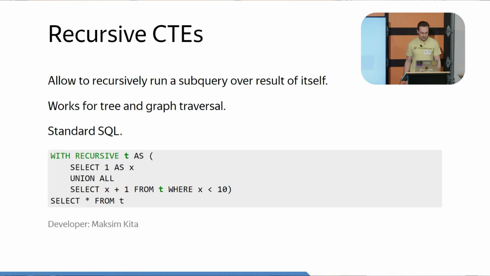One small thing that it also enables is recursive common table expressions. If you use Postgres, you're probably familiar with recursive table expressions, but it is quite an advanced feature. So you have a subquery that references itself recursively. And in this example, this subquery will union with another query.